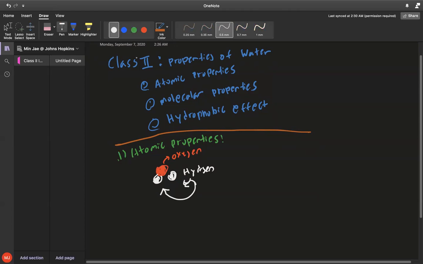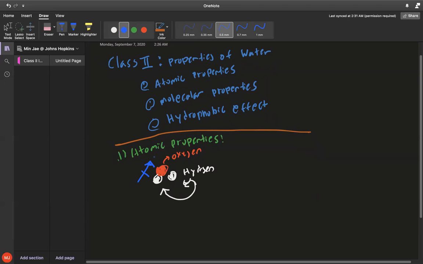The reason why water is polar is because there is a difference in electronegativity between the oxygen atom and the hydrogen atom, which means that since oxygen is more electronegative than the hydrogen, if you watch my previous video, there is this disproportional distribution of electrons across the entire molecule or between the atoms.